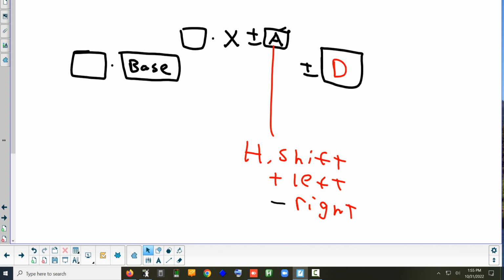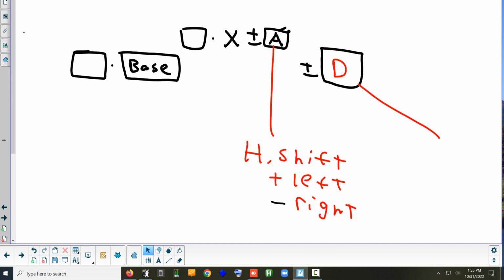Let's look at this one. So this is D. I know it's the last one, but I'm going to jump to it now because it has something in common with the one we just did. This is adding or subtracting, but now it's on the end. It's outside the exponent. What does adding and subtracting do when you put it on the end? It's the shift, right?